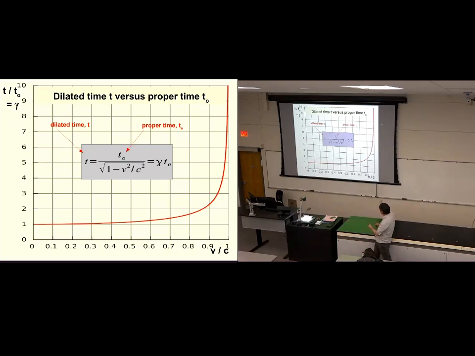At low speeds, so we live right down here, right in this corner, everyday speeds, the Lorentz factor is 1. This is why it seems strange to us, counterintuitive, not common sense, because we don't live in this world. We live in the world of everyday speeds where v is nothing compared to the speed of light.